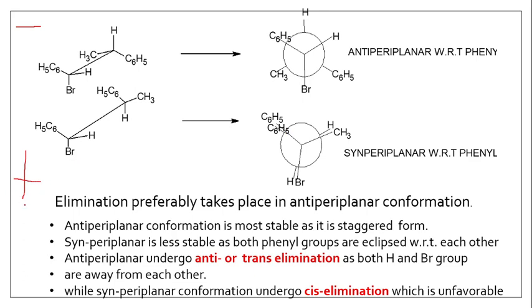Over here it is the Br atom, then here it is the hydrogen atom, then CH3, and this is the C6H5 phenyl group. Similarly, this is the hydrogen and this is the C6H5.